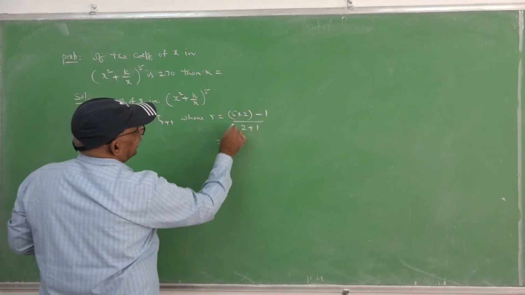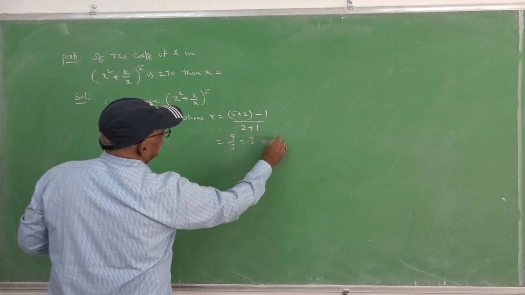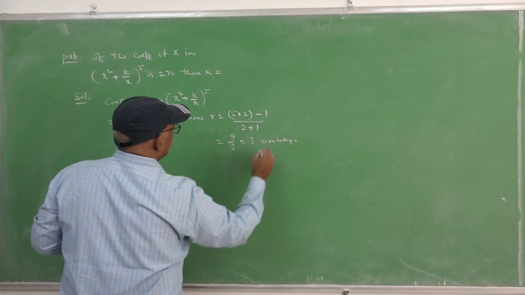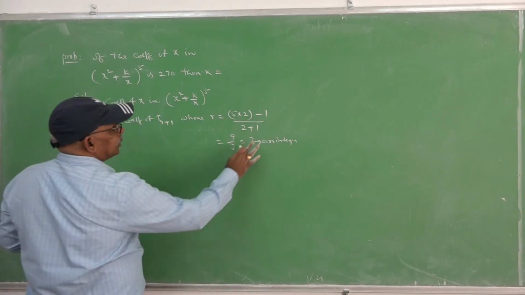That is 10 minus 1, 9 by 3, an integer, clearly an integer.